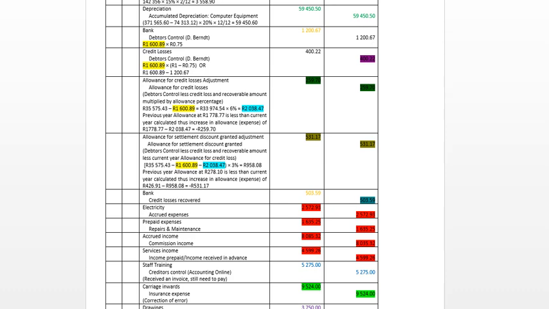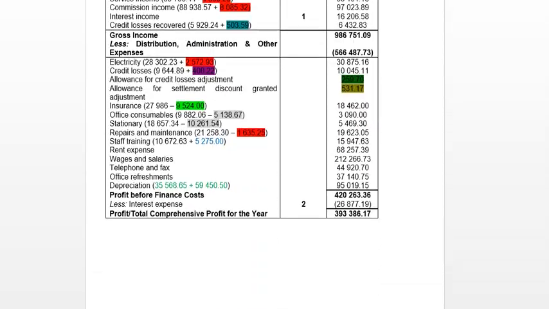Then we did our allowance for credit losses as well as our allowance for settlement discount granted, and for both of these we found it to be an upward adjustment, and if it's an upward adjustment then we know that it is an expense. So we're going to record our allowance for credit loss adjustment expense of 259 Rand and 70 cents, and our allowance for settlement discount granted adjustment expense of 531 Rand and 70 cents.